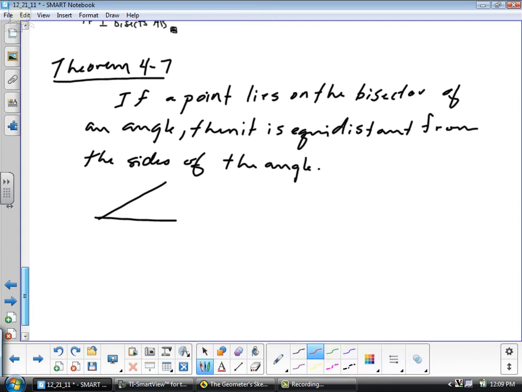Bisector of that angle, and we want to prove that if a point lies on the bisector, then it is equidistant from the sides of the angle. Now here we have angle ABC, but the distance from that point to side AB is not a segment drawn from P to A. In order to get the distance from a point to a segment, you have to use a perpendicular line.